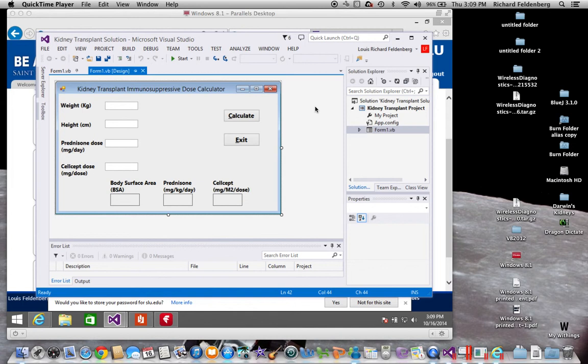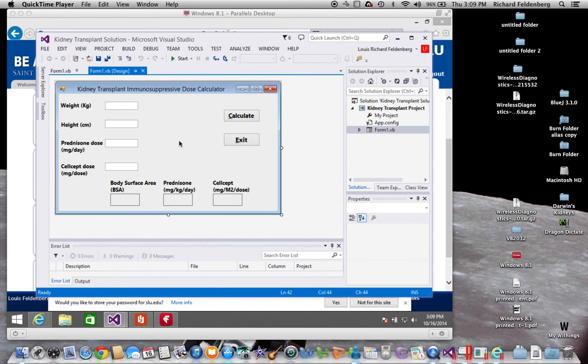And two of the medications that we use are here, prednisone, which is a steroid, and Cellcept, which is another immunosuppressant medication. When they come to the clinic, which can be anywhere from every 1 to 2 weeks to every couple months, depending on how they're doing and how far out they are from their transplant surgery, we have the nurses get their weight in kilograms and their height in centimeters, and also the current dose of their medication, the prednisone and the Cellcept.